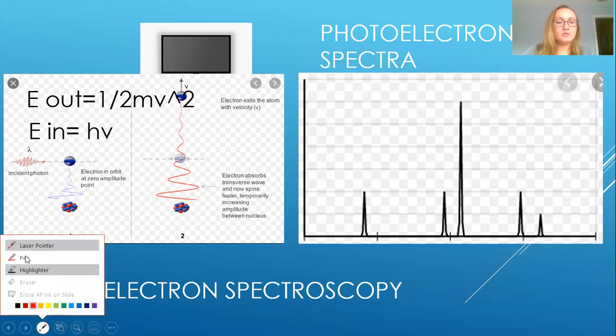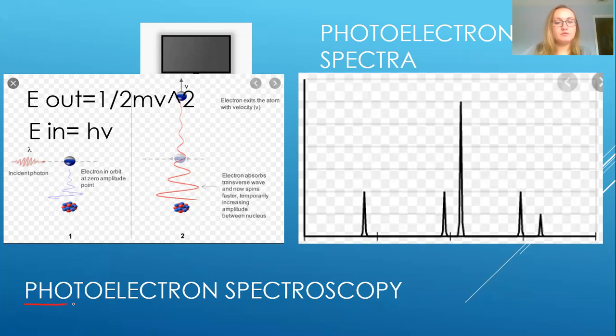Here we have photo from our light, our photon, and electron. So this literally just means measuring with light and electrons. And the thing that we get from it is a photoelectron spectra. Now, we're going to do some practice with reading photoelectron spectra. This is a really good time to take a break if you need one.